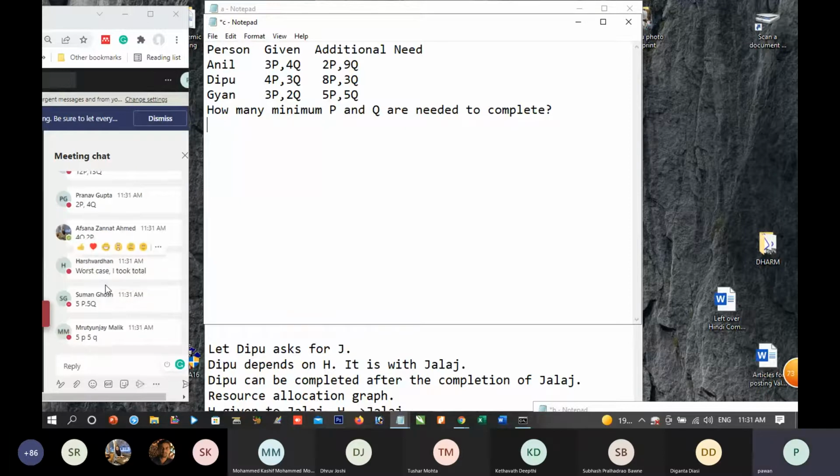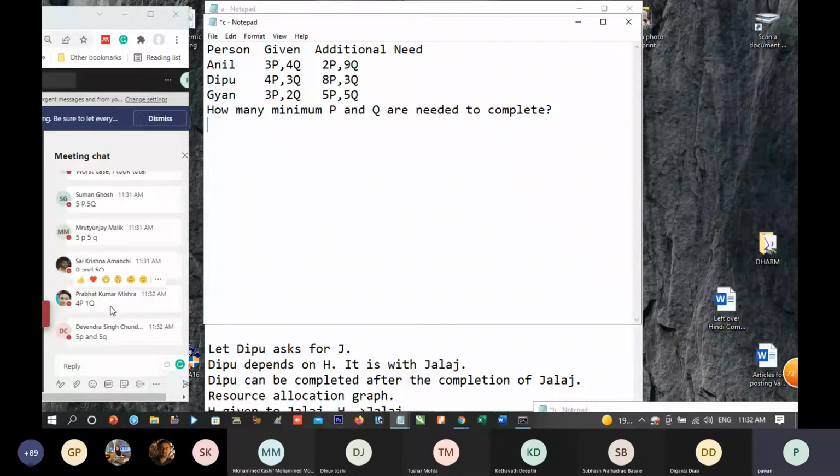No, we don't want to take the worst case. Even in the worst case, we cannot take the total. In the first case, we can take maximum P need and maximum Q need. Sai Krishna, you are writing 1P and 5Q.